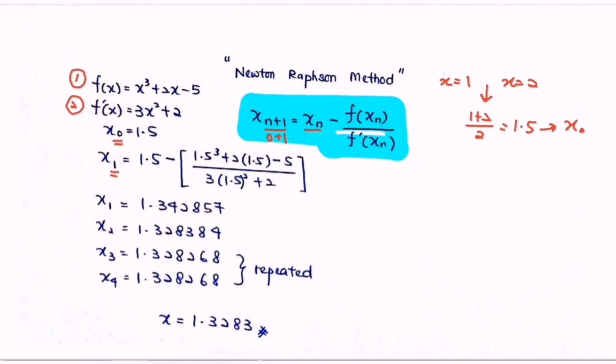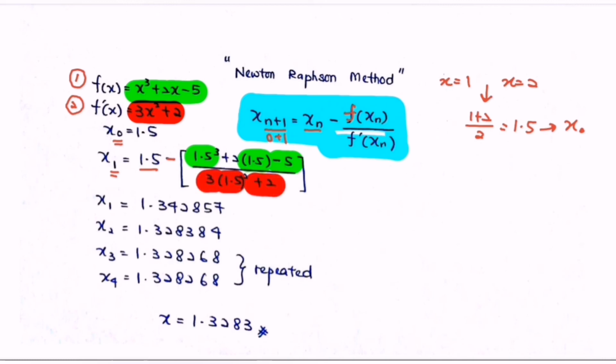Here we have x0, meaning 1.5, minus the function f(x), so we substitute the value 1.5: 1.5 to the power 3 plus 2 multiplied by 1.5 minus 5, over f prime, which is 3x squared plus 2, substituting 1.5 as well.